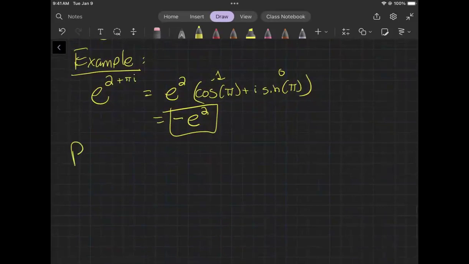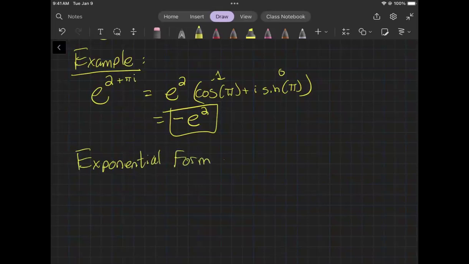And we went over the polar coordinates. Actually, let me rewrite this. So we actually went over the exponential form of a complex number.